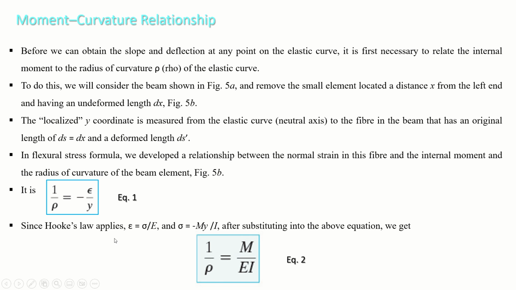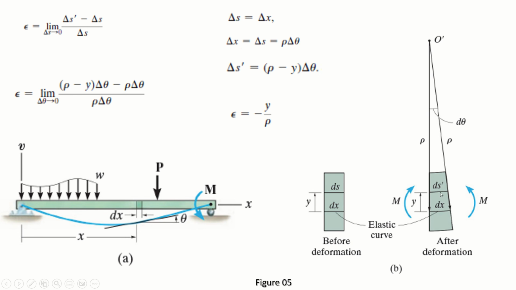Now since Hooke's law applies, your strain is equal to stress divided by elastic modulus, and your flexural stress is equal to My by I. Why am I putting minus? Because we are talking about the compression side.